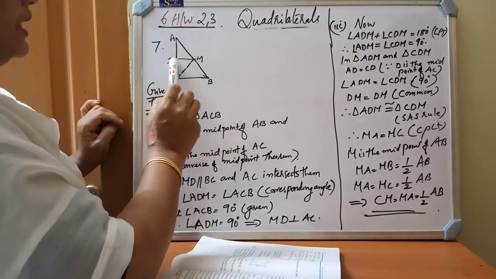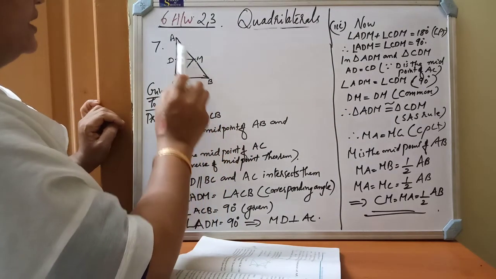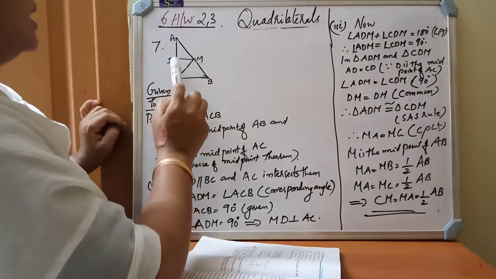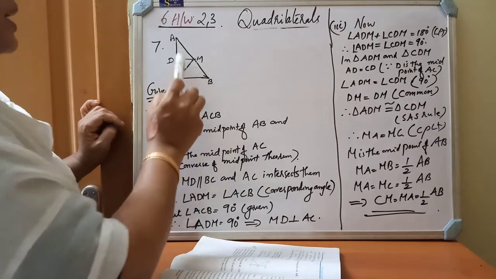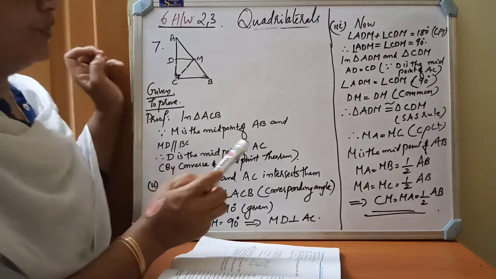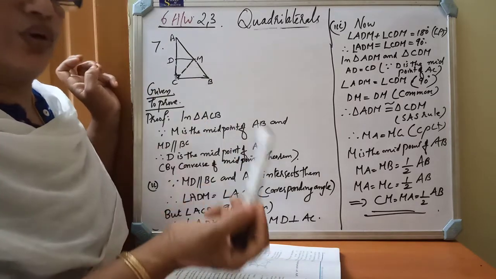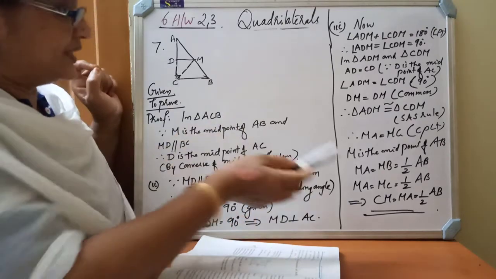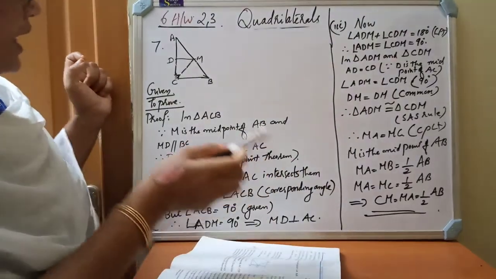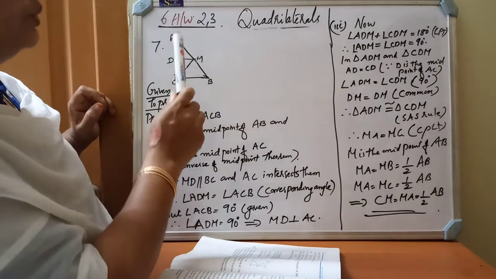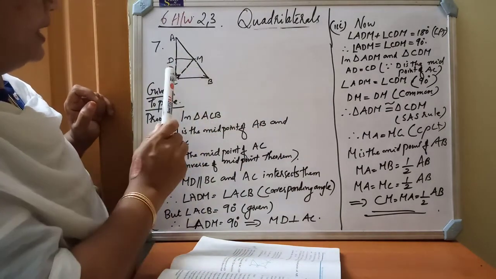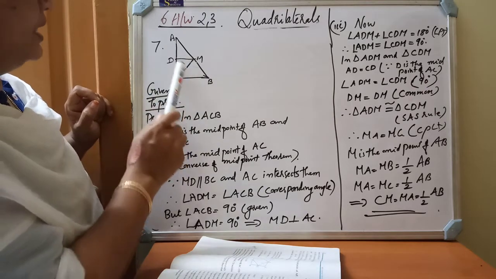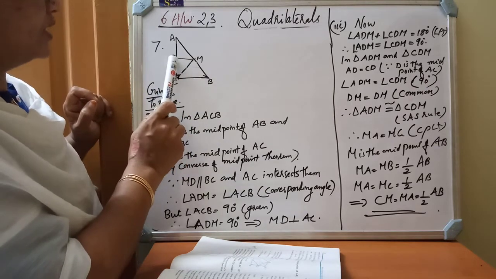First we consider triangle ADM and triangle CDM. If we prove these two triangles are congruent, then automatically the corresponding parts must be equal, and we will get the required result. In triangles ADM and CDM, AD equal to CD because D is the midpoint.